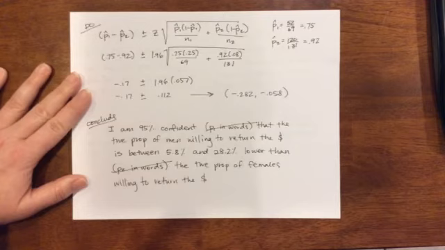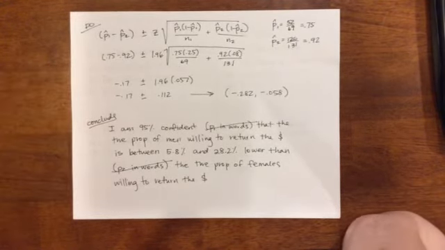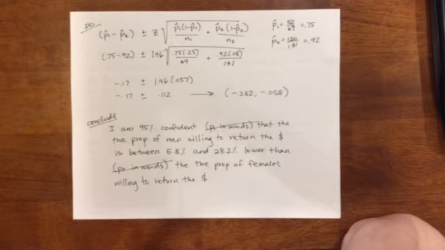Okay, cross that out. So that should just read as a sentence. I am 95% confident that the true proportion of men willing to return the money is between 5% and 28% lower than the true proportion of females willing to return the money.